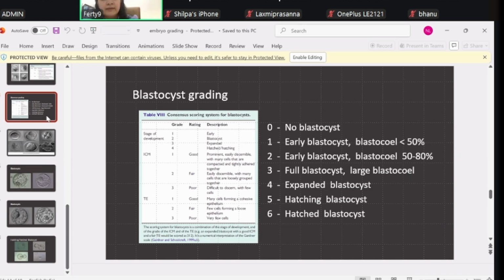Based on that, we decide how many embryos or blasts are good, and we can plan for embryo freezing or blastocyst freezing. Per cryotop or per straw, we freeze only 2 day 3 embryos, 2 day 5 blasts, or 1 day 5 blast in each straw.